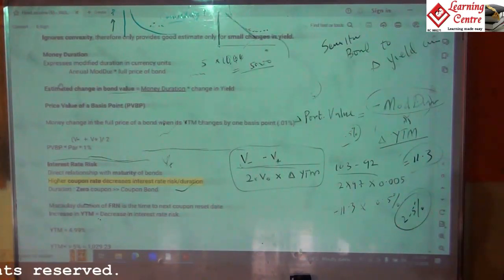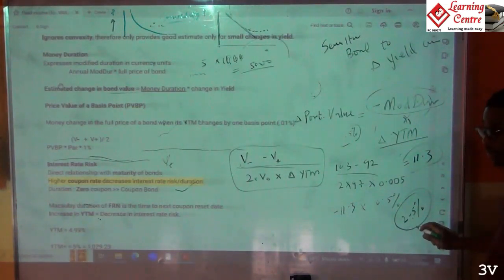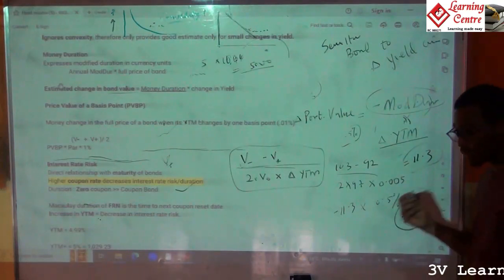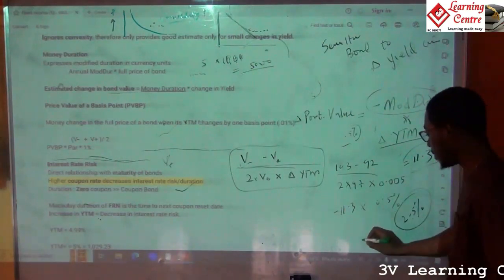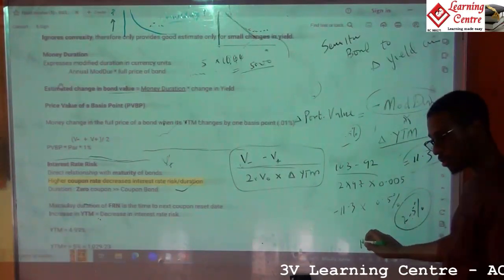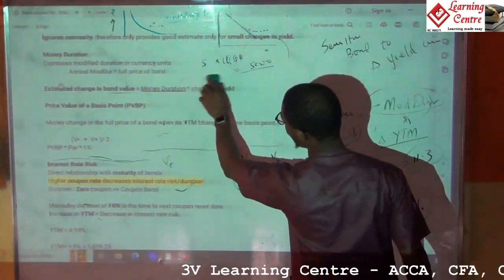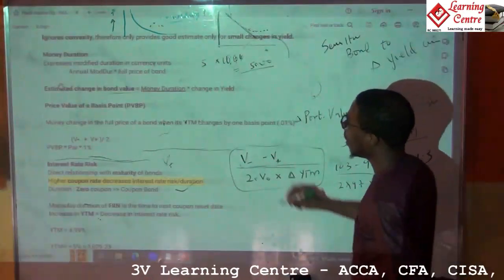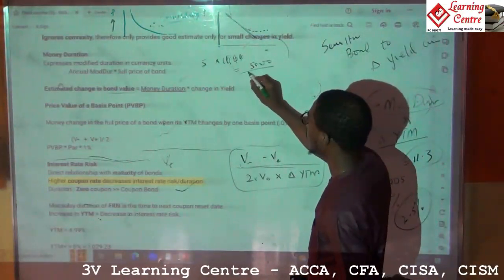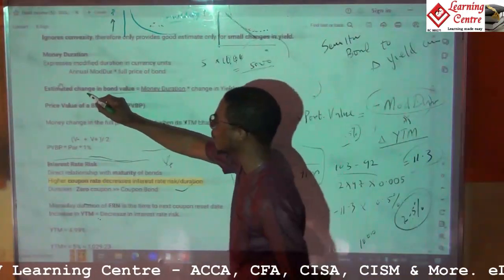You can't just say my portfolio will go down by 2.5%. I can say how much loss will I carry? If my total portfolio value is 1,000, we multiply it. But we can also do this with the money duration, multiplied by my full price of the bond.